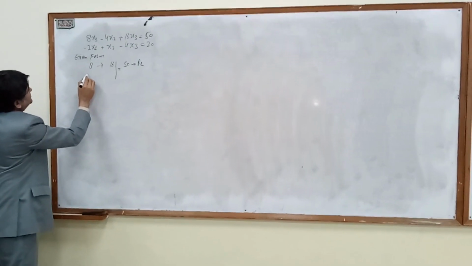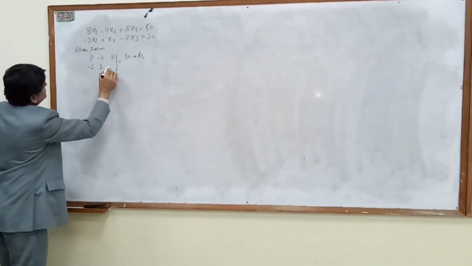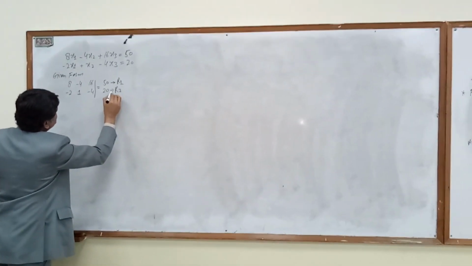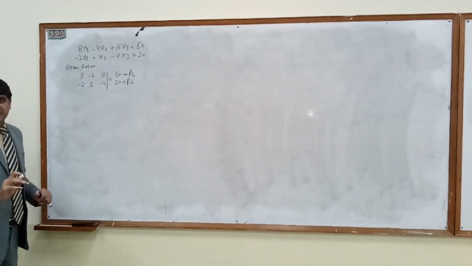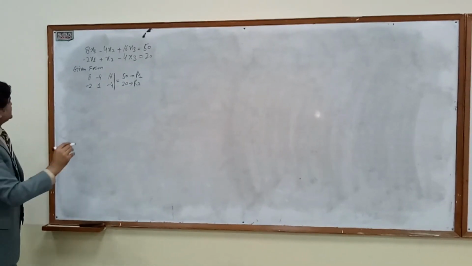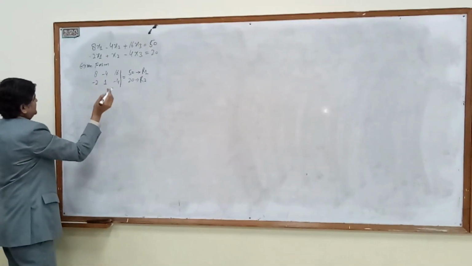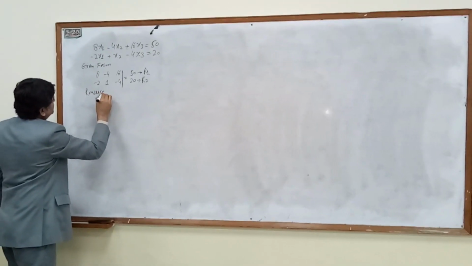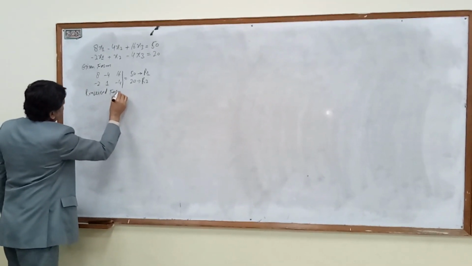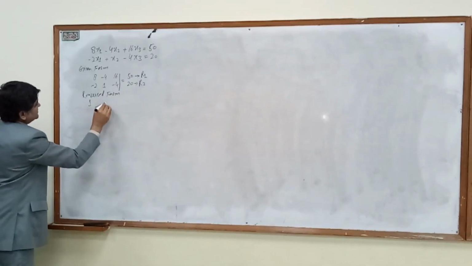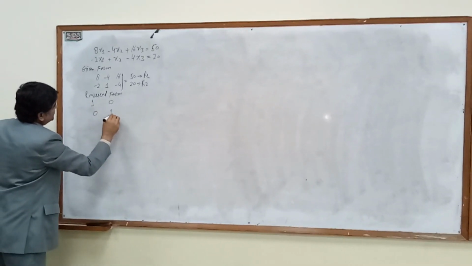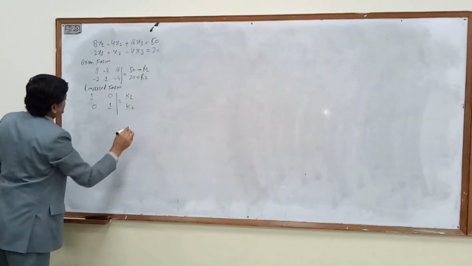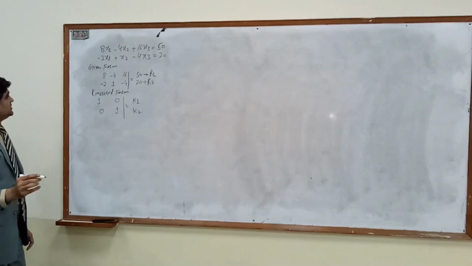Next is minus 2, 1, minus 4, 20; it's R2. Any confusion? No. That is the given form, and the required form is 1, 0, K1, 0, 1, K2.